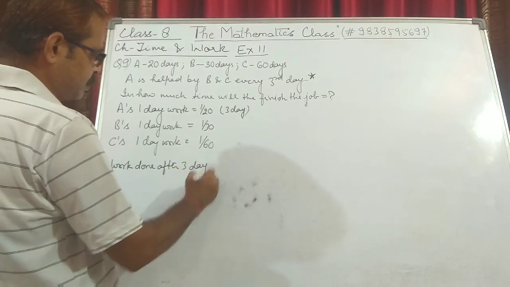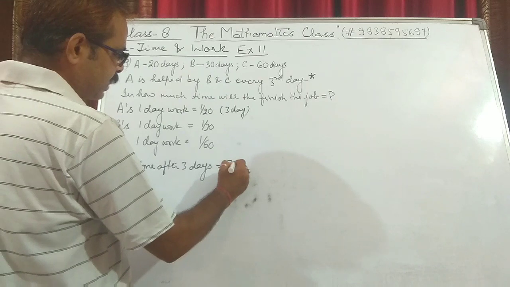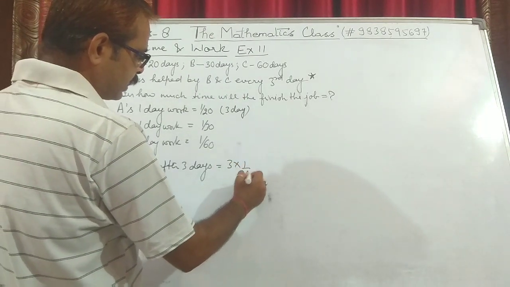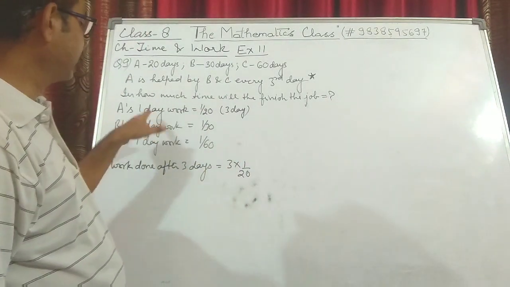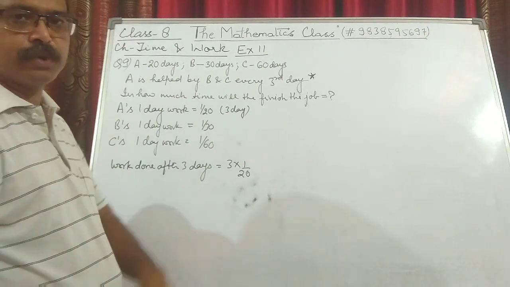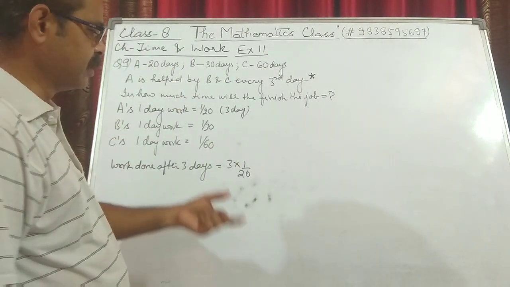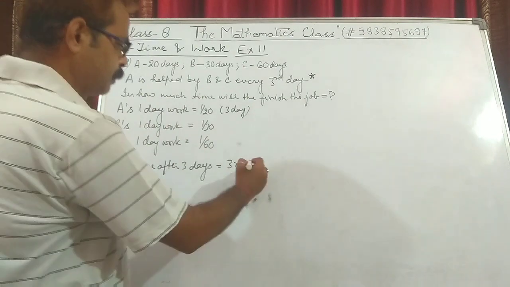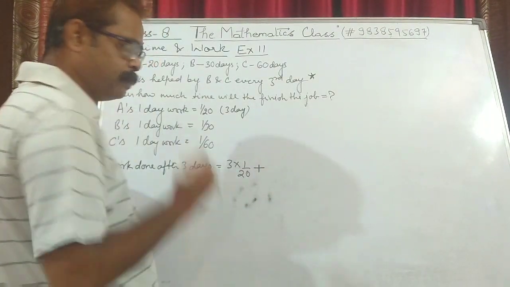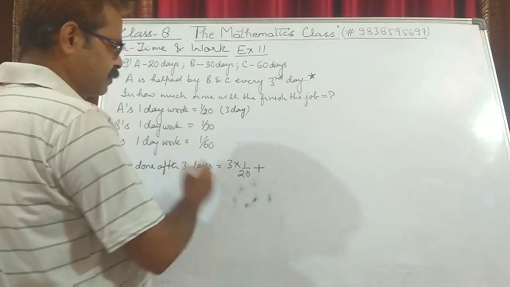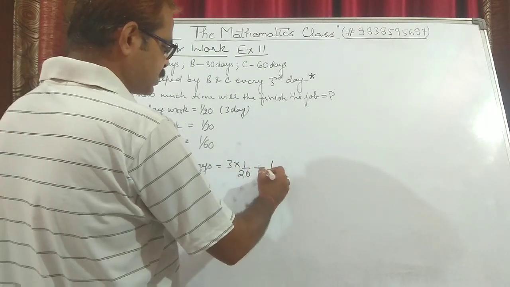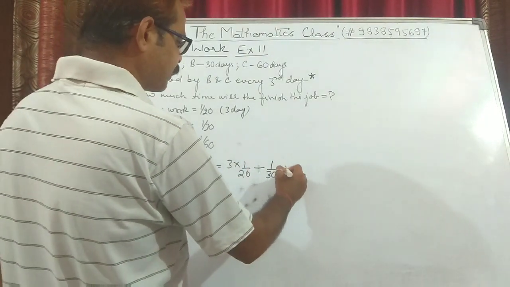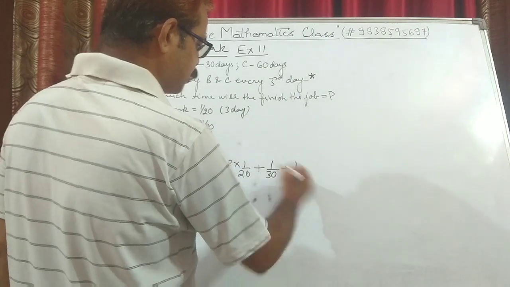After 3 days will be 3 times 1 upon 20, that is about A. In 1 day he is doing 1 upon 20, in 2 days again 1 upon 20, in 3 days again 1 upon 20. So in 3 days, 3 upon 20. Plus now on the third day B and C also join, so their work will also be included. B's is 1 upon 30 and C's is 1 upon 60.